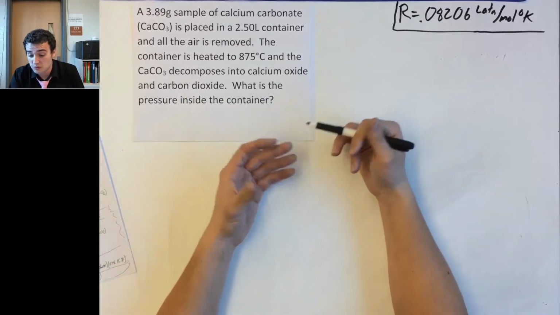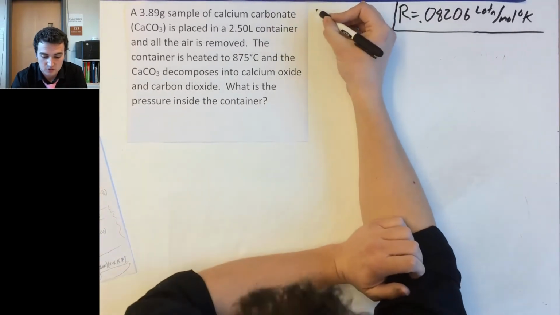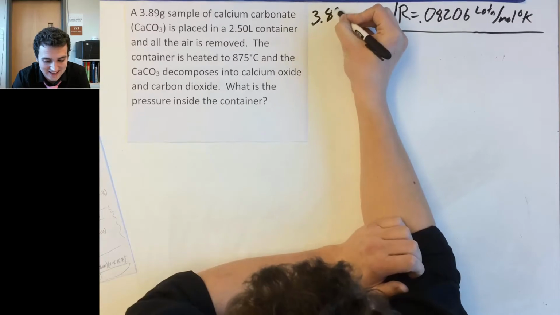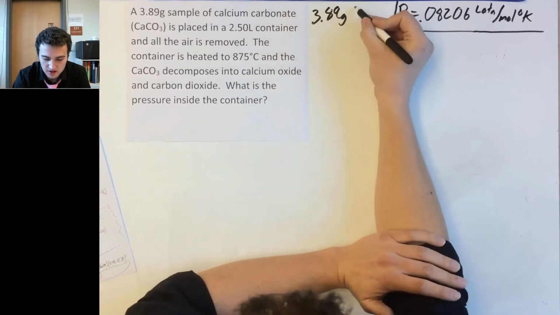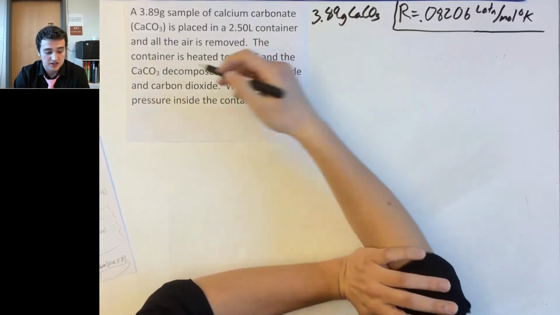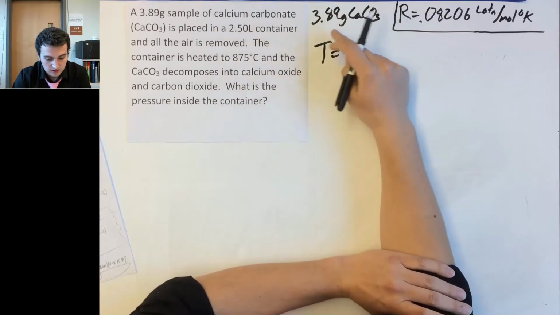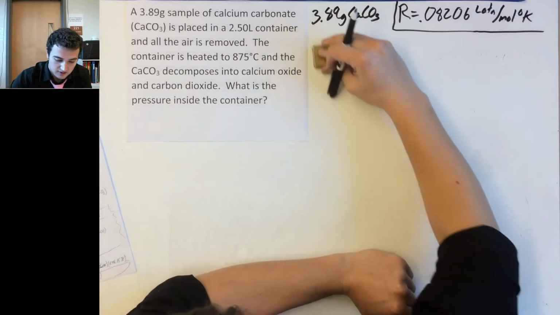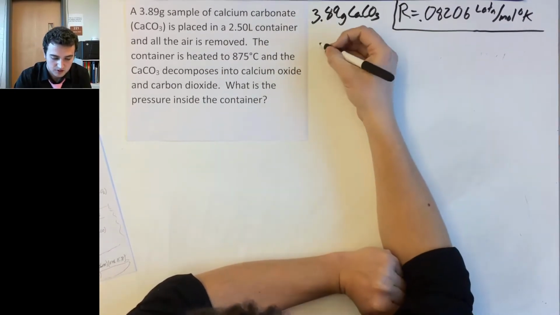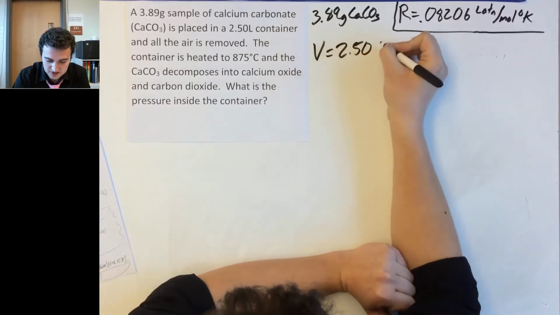So of course in this problem we're going to be doing exactly the opposite of what we did before. We start with what we know. We have 3.89 grams of calcium carbonate. I also know that I have a volume of my container, which is 2.50 liters.